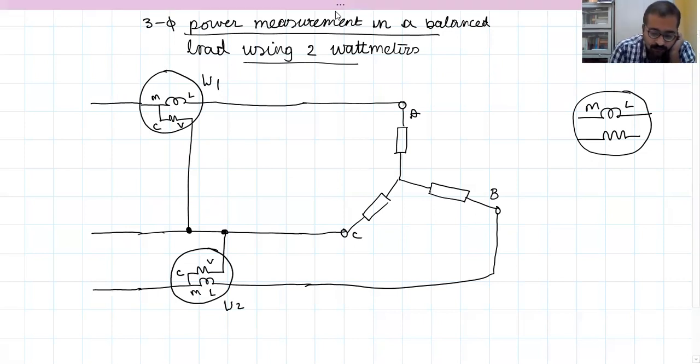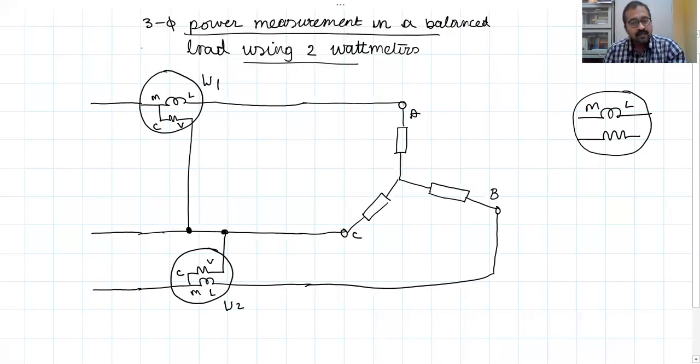Now this is a load, so that means current will be flowing to the load. I can mark this current as IA, this as IB, and this as IC. Now let us assume ABC phase sequence.